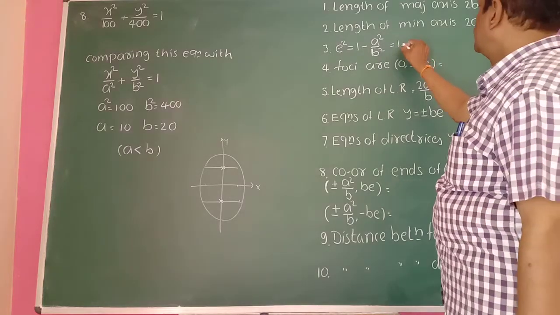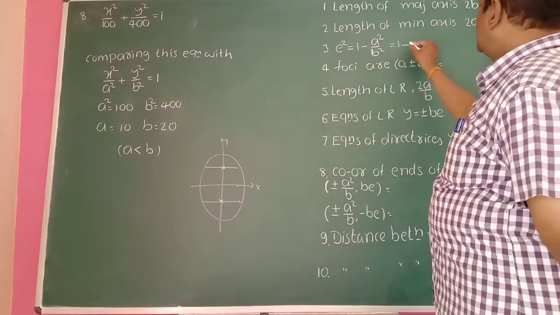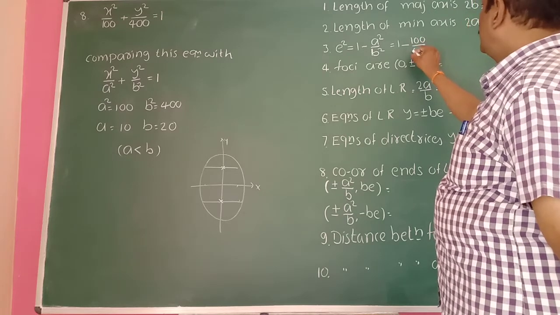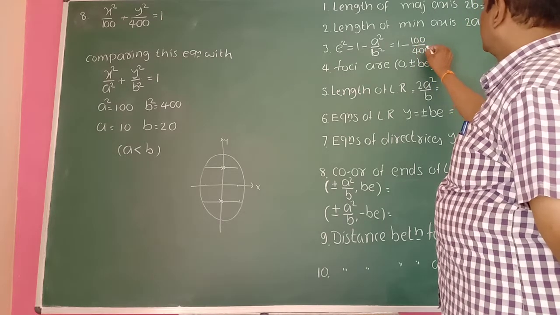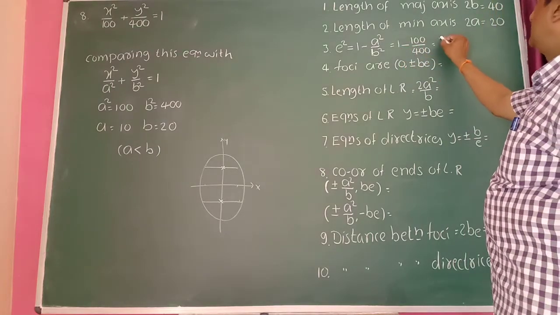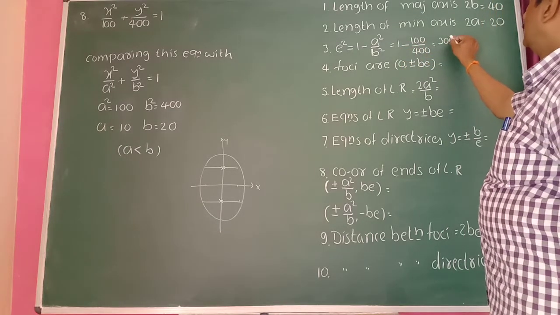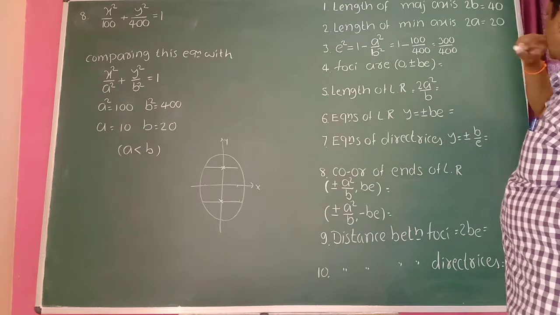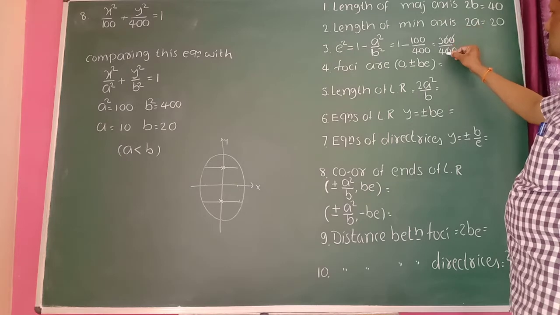Then 1 minus a square, which is 100, divided by 400. So 400 ones are 400, minus 100 becomes 300. 300 divided by 400, then these two zeros get cancelled.